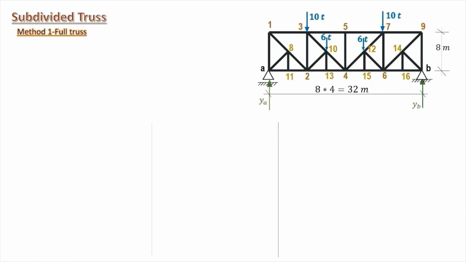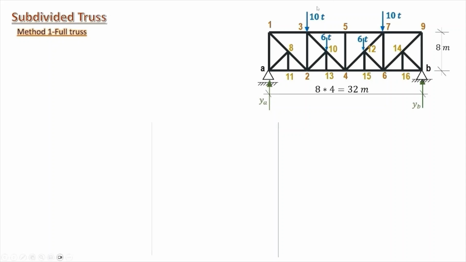Let us first consider the first method, our full truss. We have our truss 1, 2, 3, 4 multiplied by 2. This makes 8 panels, each of 4 meters, making a total span of 32 meters. The truss is symmetric about the member 5, 4.